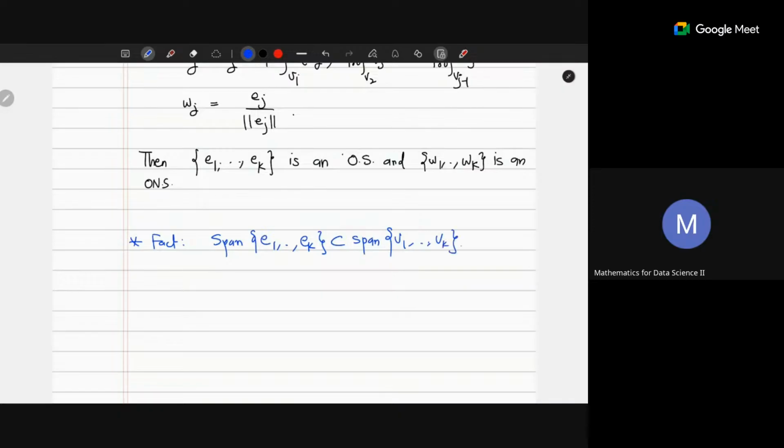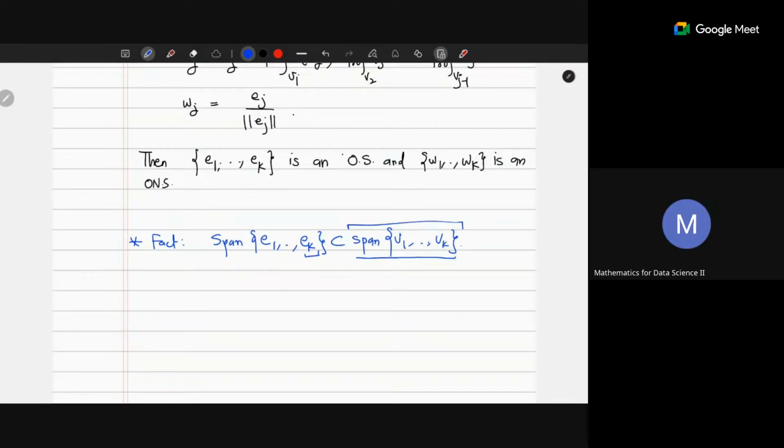But because E1 up to Ek is a linearly independent set. Why is it linearly independent? Because it is an orthogonal subset, and orthogonal subsets are linearly independent. Also V1 up to Vk is a linearly independent set with only k vectors, and Ek also has k vectors. So E1 to Ek are also an orthonormal basis for this span.